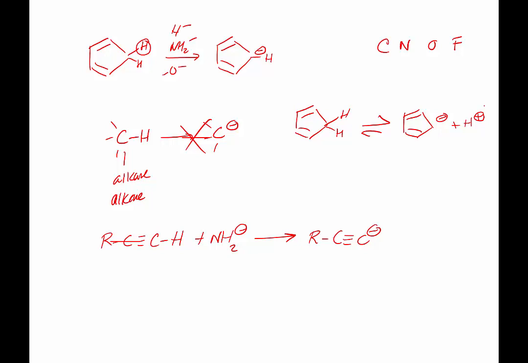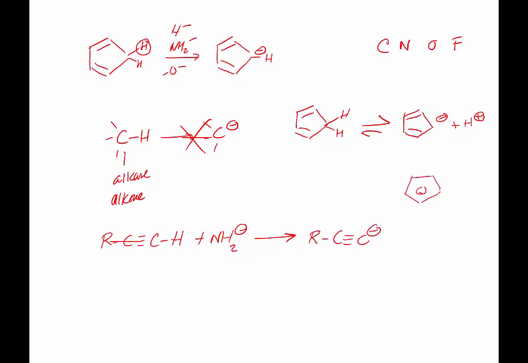Well, only if you're going to make something that's really stable, like an aromatic anion. Now, I could still add acid back and get back my cyclopentadiene, but when you write these, you'll see them written with the negative charge on the inside with the circle.